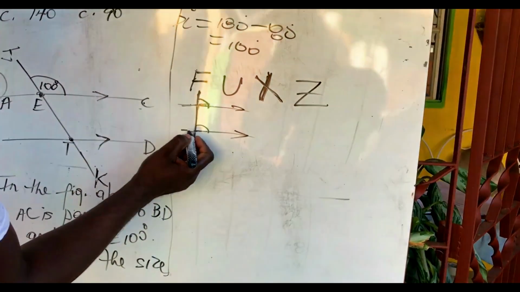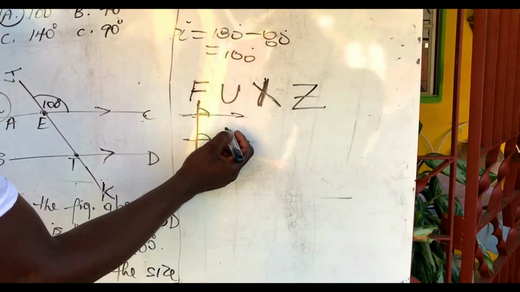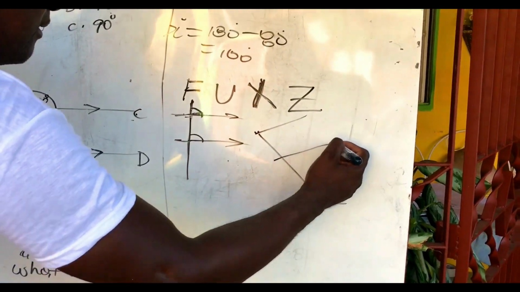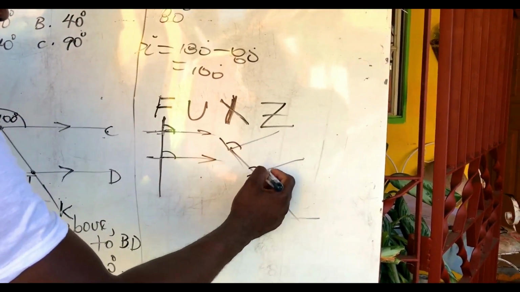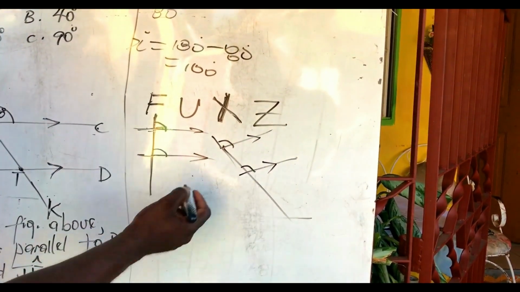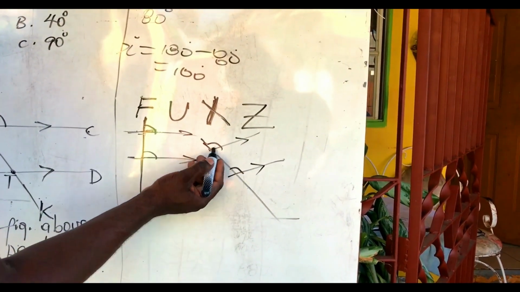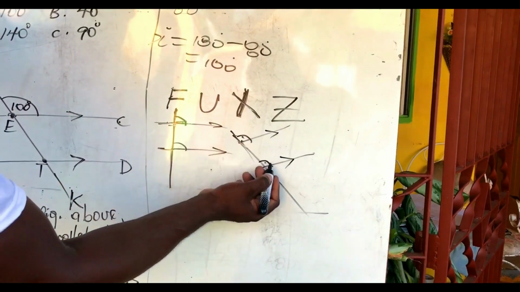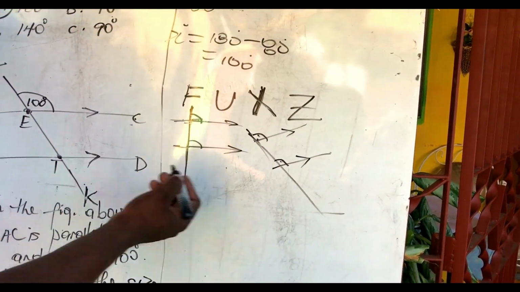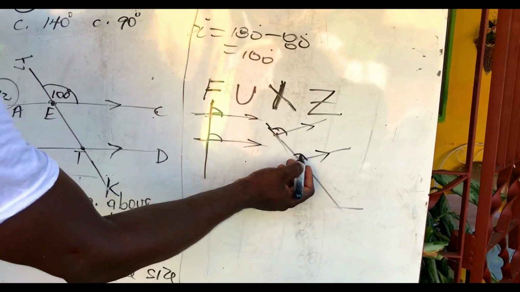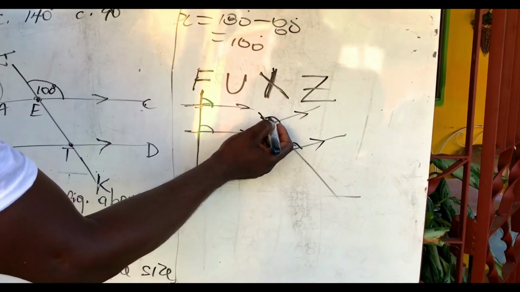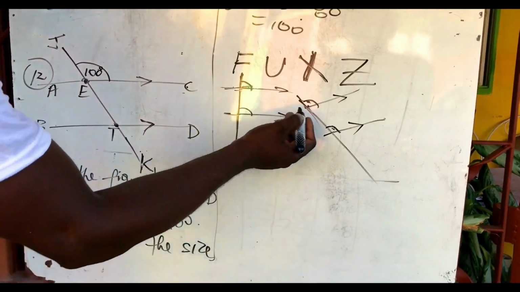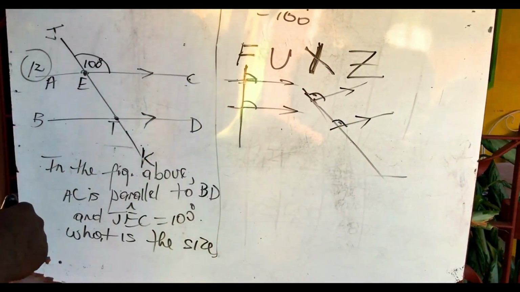Please look here. So here is the shape letter F. The F could also be a sideways F, as long as these two lines are parallel. Then if you notice, this position and this position are basically similar. So this angle and this angle are sitting in a similar position. So we refer to these angles as corresponding angles.